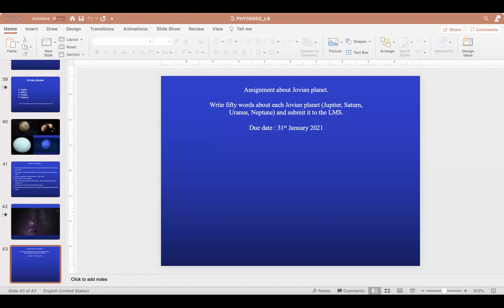And let me just go back to one thing here. Remember that we talked about telescopes last time, and there was a question from one student about how to choose a telescope and these kind of things. So I made two slides just to give you an idea how to select a telescope.